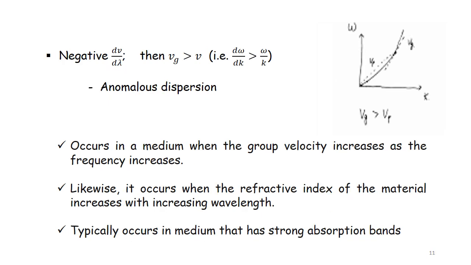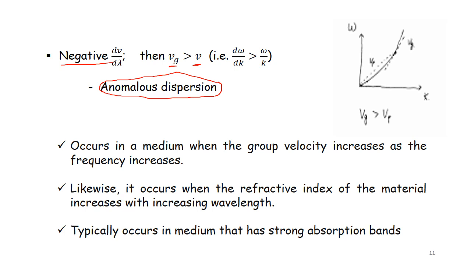Then when your dV/d lambda is negative, the group velocity will be greater than the phase velocity, and that rarely occurs. When that occurs, you refer to such dispersion as anomalous, or abnormal dispersion.